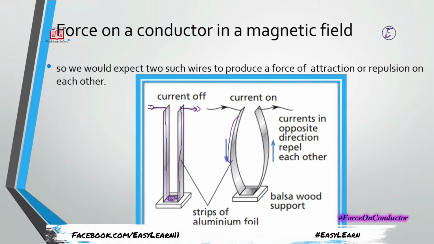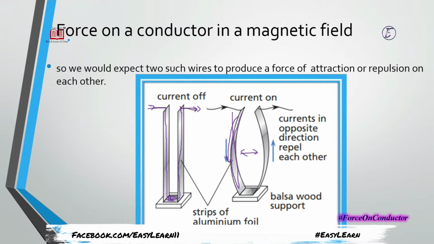The direction of the current through the first foil is downward, while you can see that the direction in the second foil is upward, and it means that they will experience a force of repulsion between each other. You will see that they bend outward, trying to get away from each other.